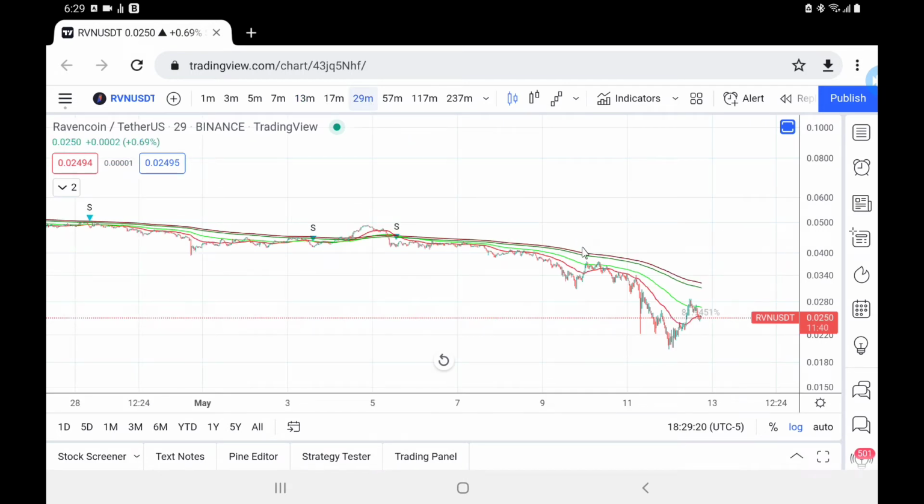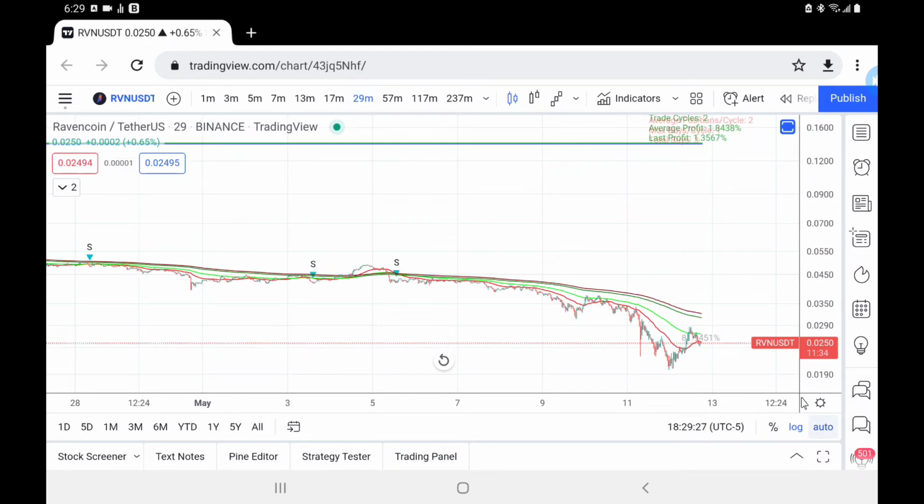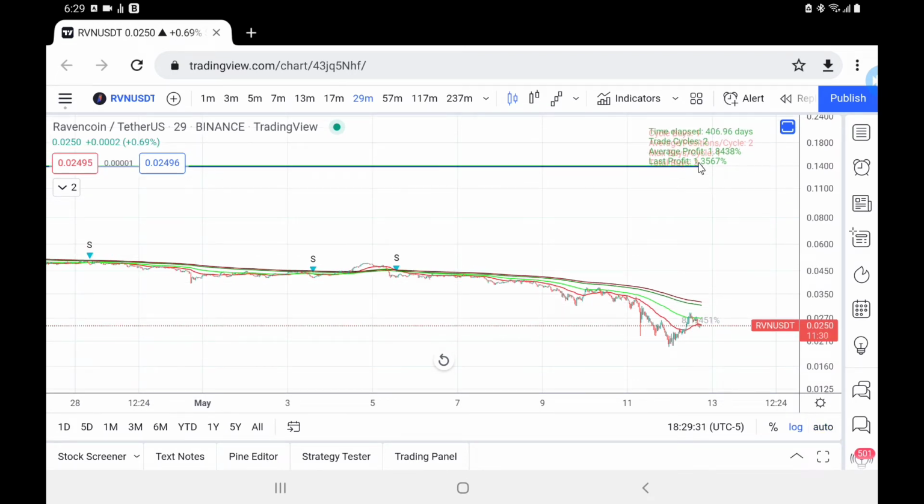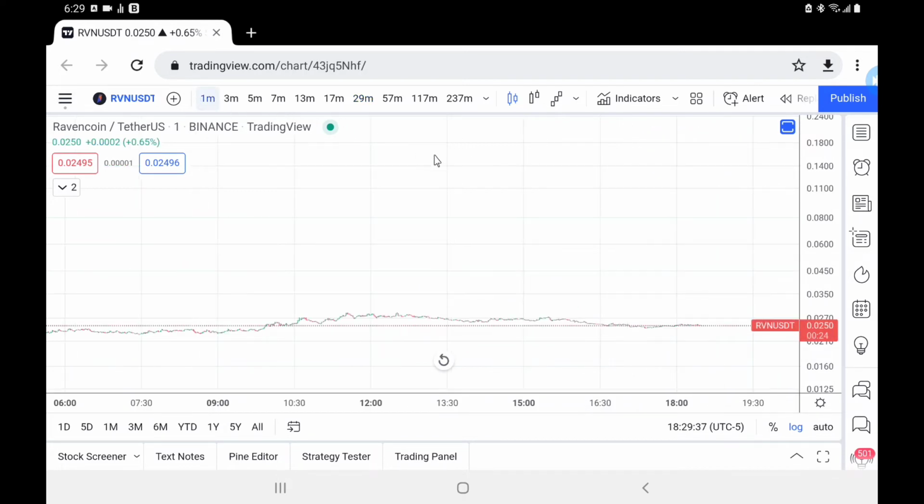Let's jump up a little bit. So we pretty much reached the apex of just what this is capable of doing. So let's go back down to the 1 minute.